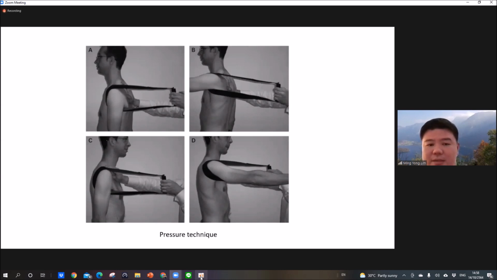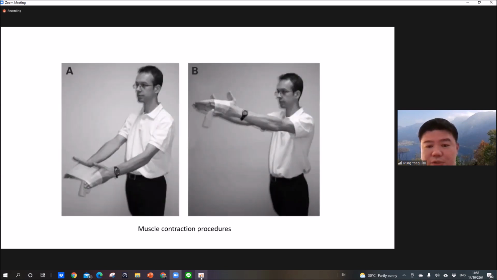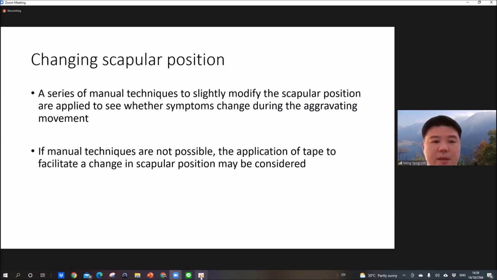This is a pressure technique: use a strap or some cloth to pull or push the humeral head, and ask the patient during this maneuver to perform the movement that causes the pain. This is a muscle contraction procedure: with a TheraBand, the patient applies minimal resistance and moves into abduction.